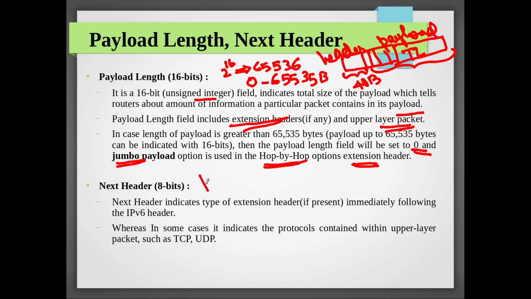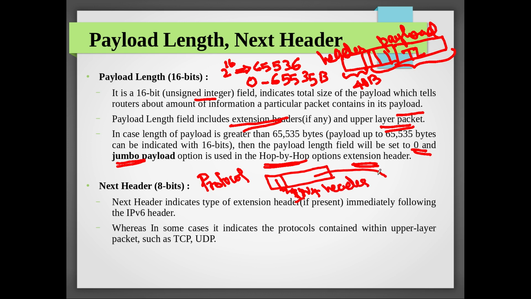Now I already told you about the next header field. The next header is the same as the protocol field in IPv4. In IPv4, followed by the IPv4 header, we have the payload.